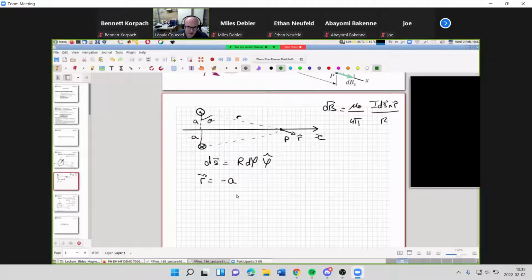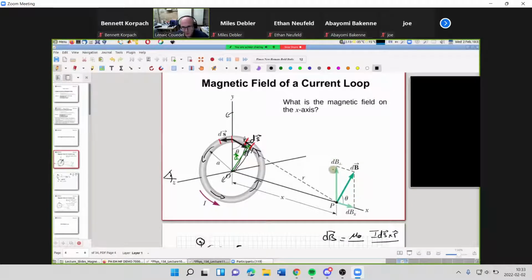So it's minus A vector plus, I will call this distance here X, i hat. Makes sense for everyone? So if I want to go from this point here to point P, I go down along the radius, and then I go along the x-axis up to point P. Make sense?